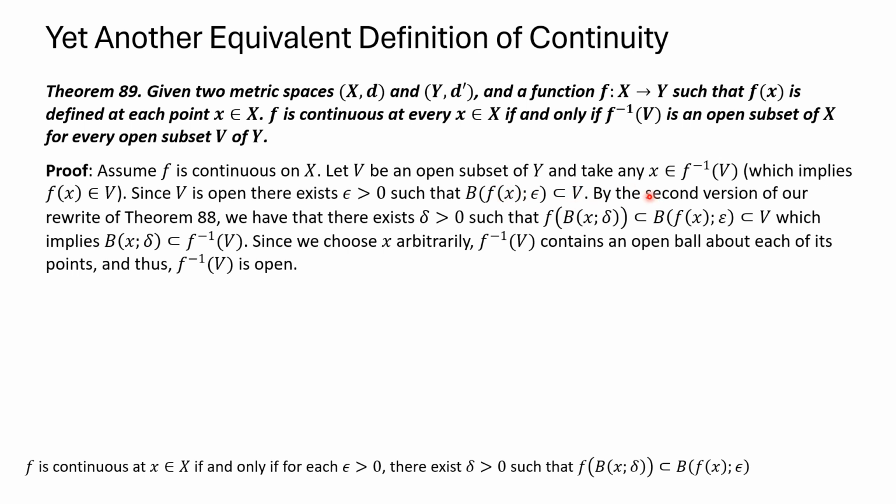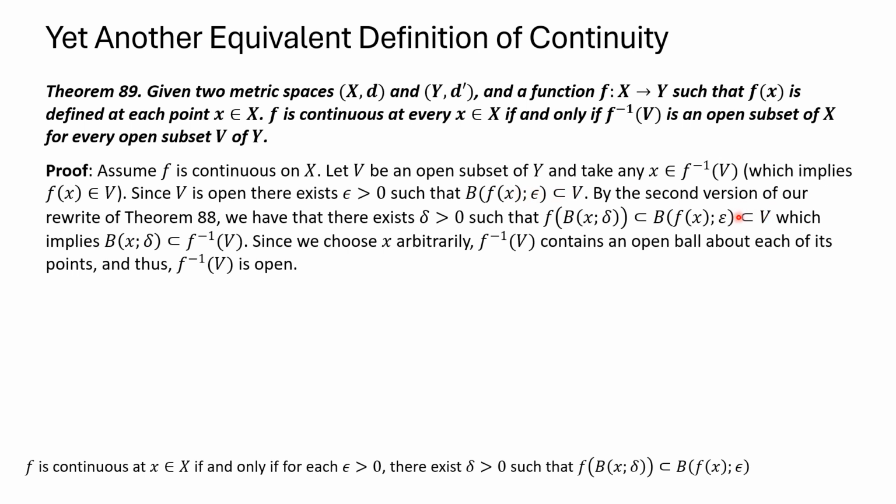By the second version of our rewrite, down here, there exists some delta greater than 0 such that f of B(x, delta) is a subset of the open ball about f of x of radius epsilon.